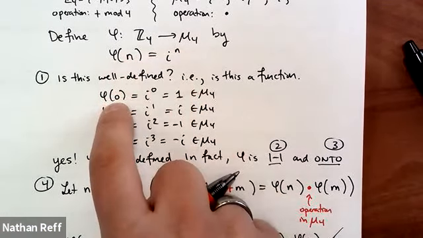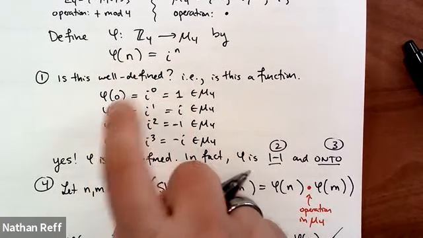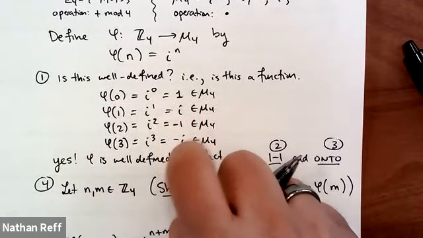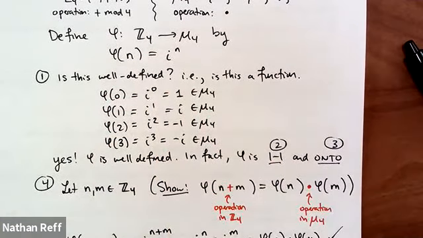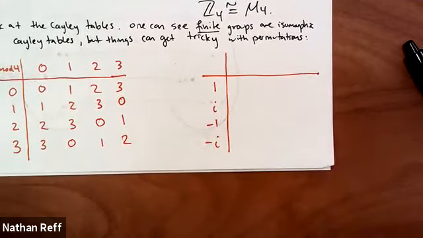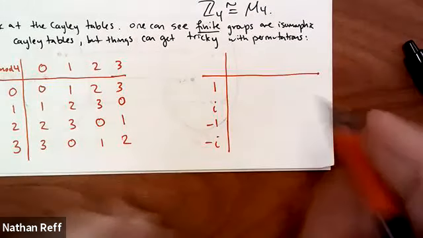You know how we calculated what phi of 0 does, and phi of 1, and phi of 2, and phi of 3? This is how you're going to order things. Okay, so we're going to use 1, i, minus 1, and minus i. That's specifically the ordering because that matches what phi did up above.